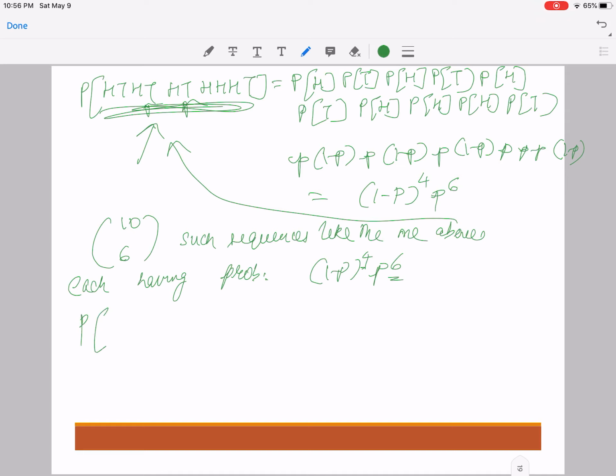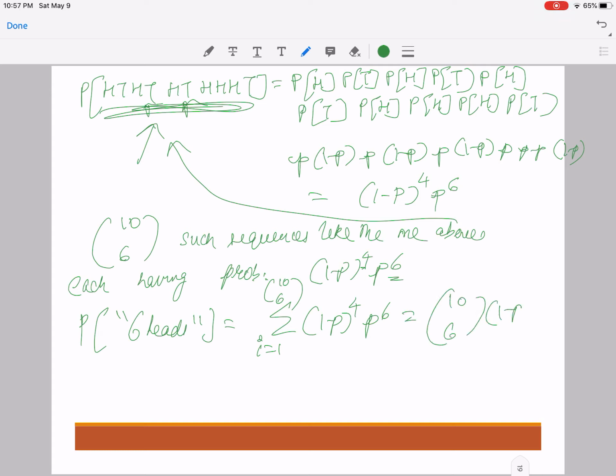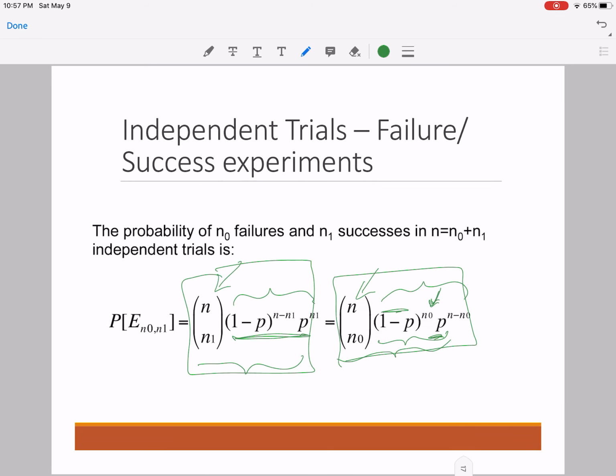So the probability of getting exactly 6 heads is going to be the summation of those individual probabilities of 10 choose 6 sequences. If I were to add all of those probabilities, I get 10 choose 6 times 1 minus P to the 4 times P to the 6, which is the answer obtained using this particular theorem, so to speak.